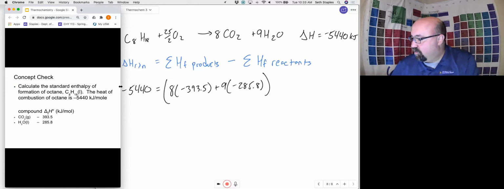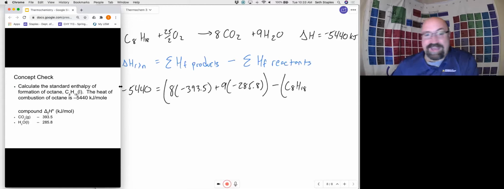We're going to subtract. Running out of room. Hope it doesn't get too confusing if I write it down below. But from that, we're going to subtract the delta HF of our reactants. One of those is what we're looking for. So I'm just going to leave that in here as C8H18. That's ultimately what we want.